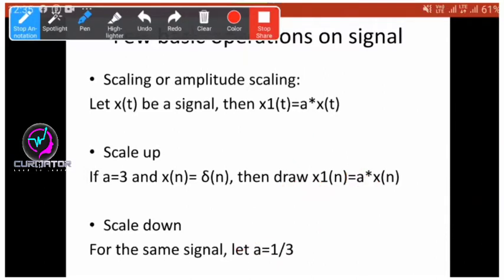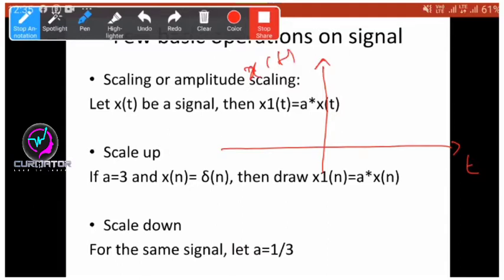At the same time, we can plot a graph as usual, like in the x-axis we can mark time t as a variable, in the y-axis x of t as a function. This x varies with respect to time, so we represent this as x of t.